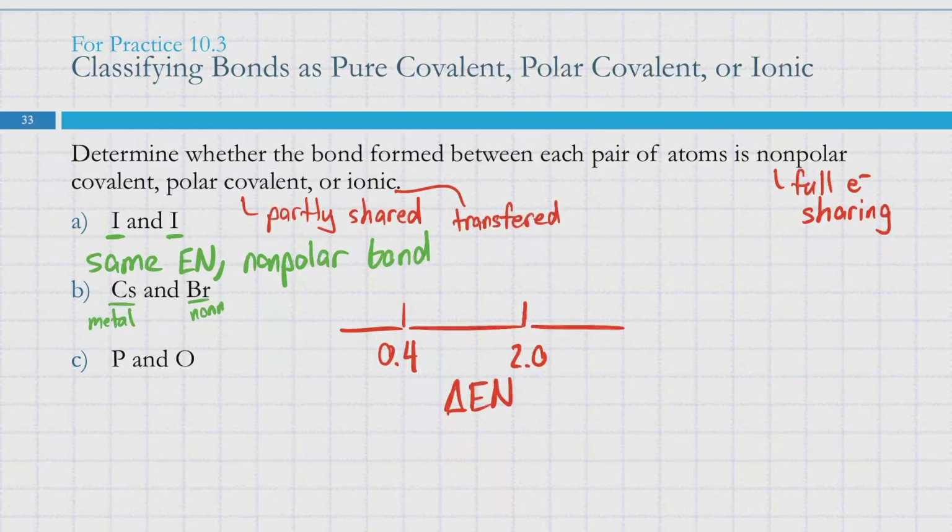Bromine is a nonmetal. So we would call that ionic. That usually works. If we had our yellow sheet, cesium's a 0.7, bromine's a 2.8. 0.7 versus 2.8, that's a difference of 2.1. Definitely ionic.